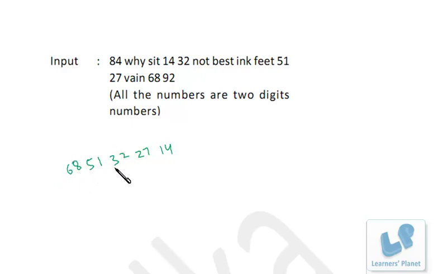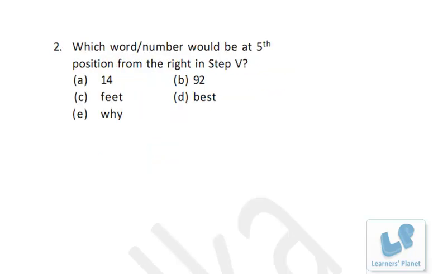So first we have to arrange the numbers. So we have already got the 5th position, so we don't have to arrange the words, and we don't have to write each and every step in detail, right? Because in the 5th step, obviously number 14 will be at the 5th position, okay? Because finally we are trying to arrange the numbers in descending order, okay? So your answer is 14. I hope you are clear.